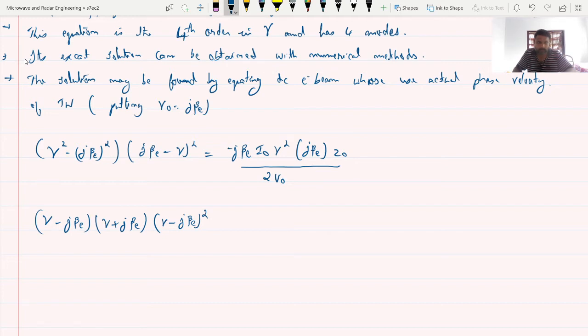So if I take minus 1 minus gamma plus j into beta I the whole square. Okay.